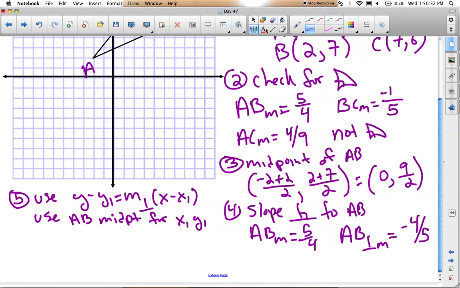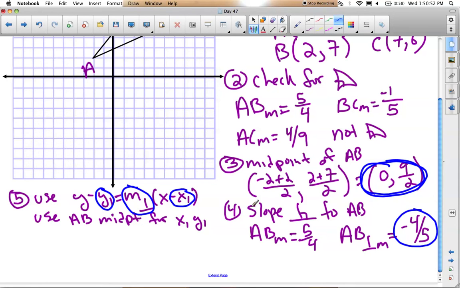Okay, so let me do different colors. So x1, y1 is going to be our midpoint over here. Okay, Tequila? Next, my slope that's perpendicular is the slope that I found over here.